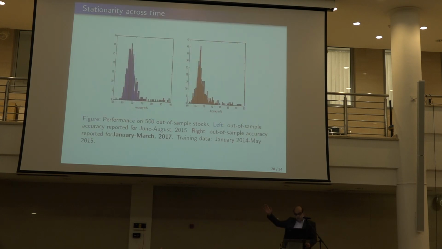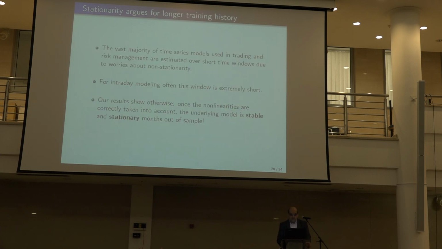And here what we showed is a dual type of result where you show that if you estimate, then you test 18 months out of sample, you still have a good result. There's more detail about this in the paper, but I think that this is very important because the vast majority of time series models used in finance are estimated over short time windows due to concerns about non-stationarity. And again, these concerns may be true that the inputs and outputs are non-stationary, but that does not imply that the relation between the inputs and outputs is time dependent.